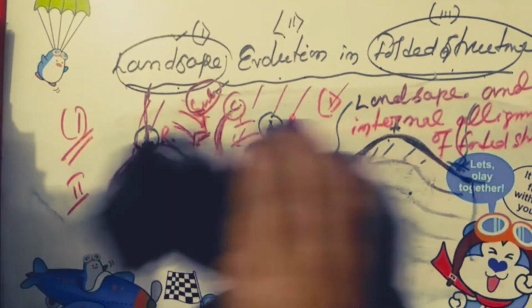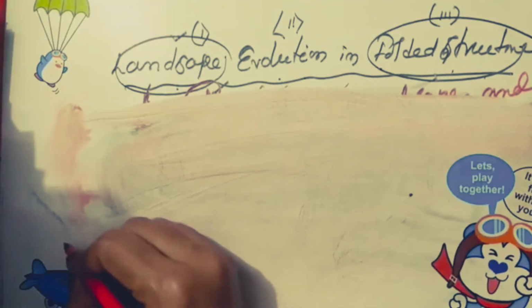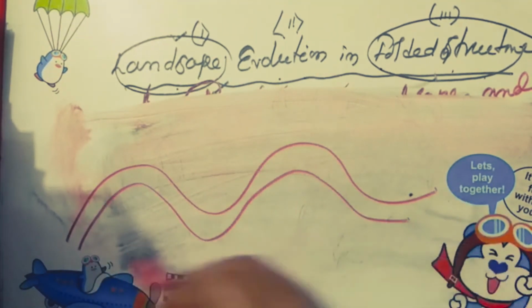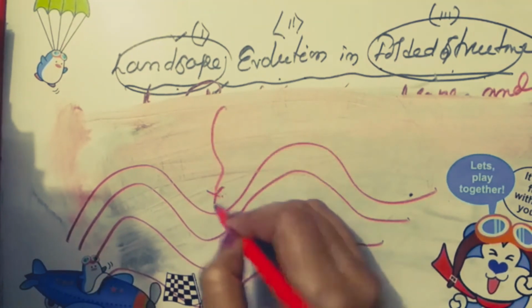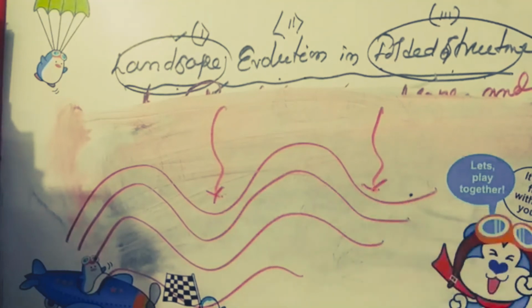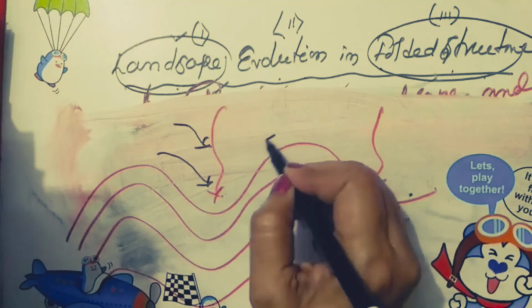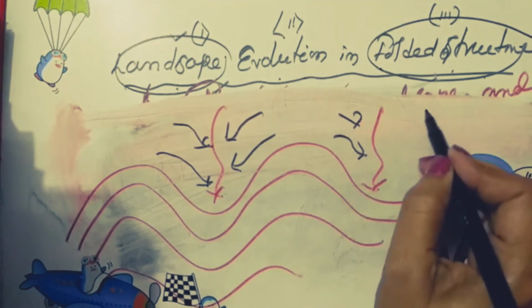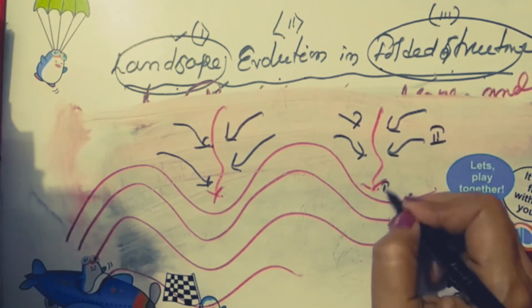Come to the second point. This is the landscape of the folded structure, and this is the consequent stream, red colored, and these are the subsequent streams. A series of them. This is a second order stream, this is a first order stream.